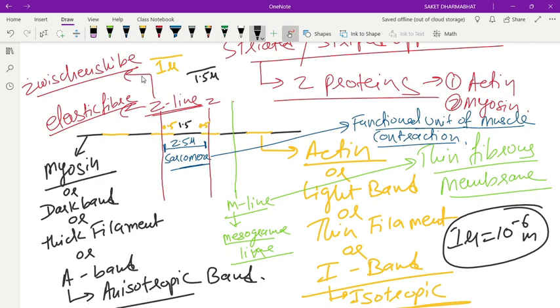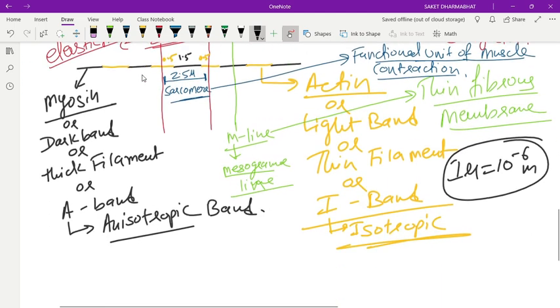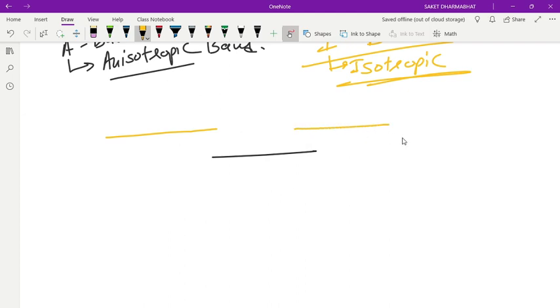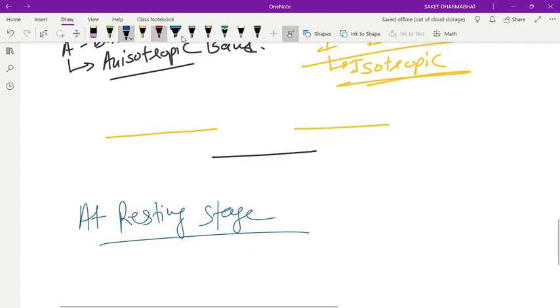Okay. Now what is happening at the resting stage? Both ends of the thick filament are partially overlapped by the thin filament. These two are thin filaments, and this black one is the thick filament.